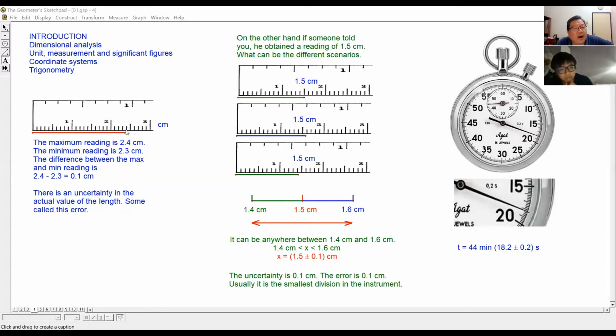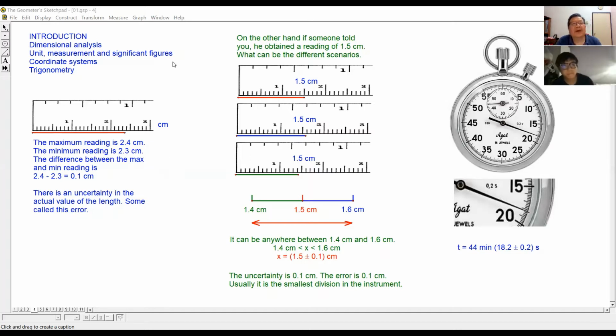Now 0.1 is exactly the size of the smallest spacing there. So this number 0.1 cm is called the uncertainty, and sometimes it is called the error.